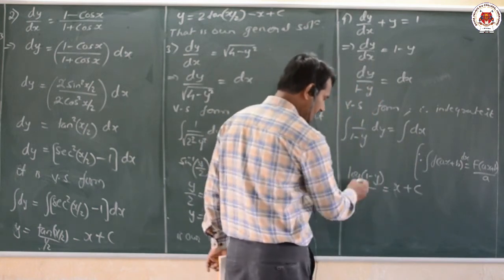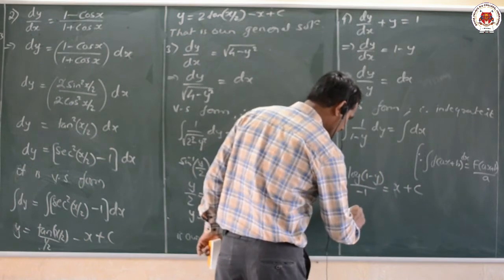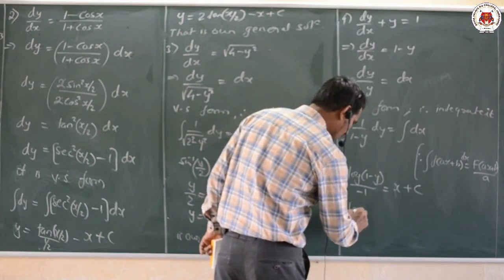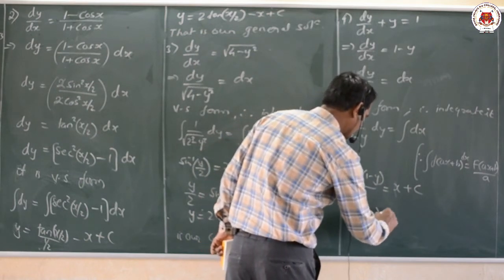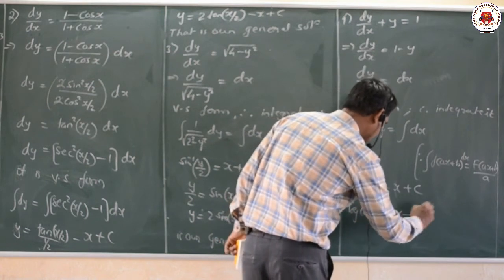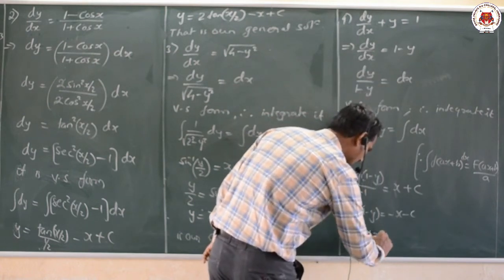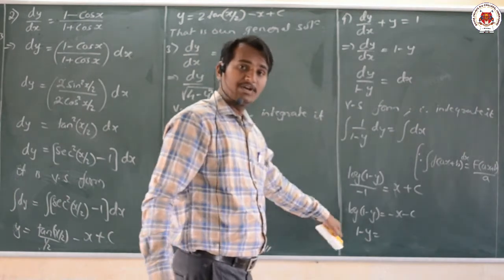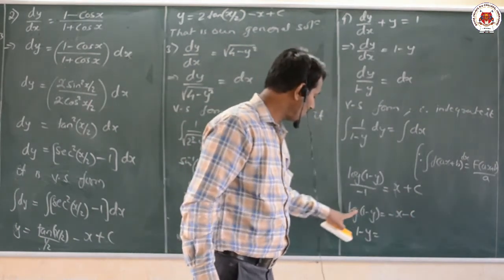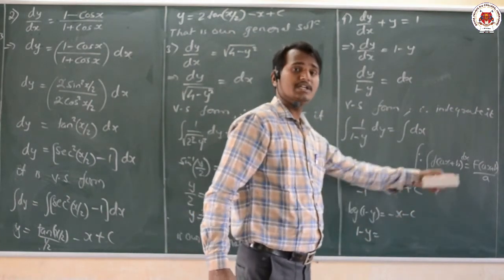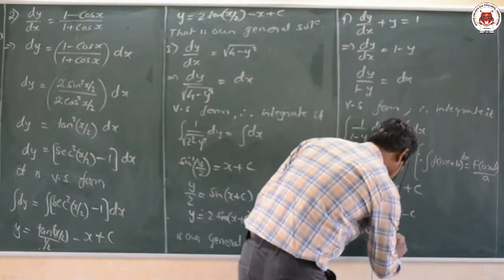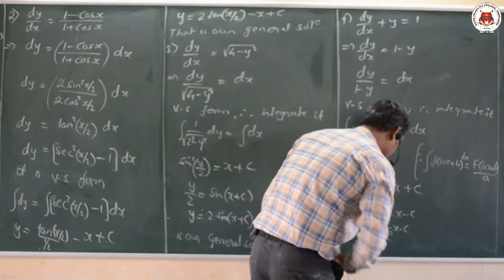Now I can write this equation as minus log of 1 minus y is equal to x plus c, or 1 minus y is equal to, if I take the exponential on the RHS, log to the base e becomes e to the power of the value, that means e to the power of minus x minus c.